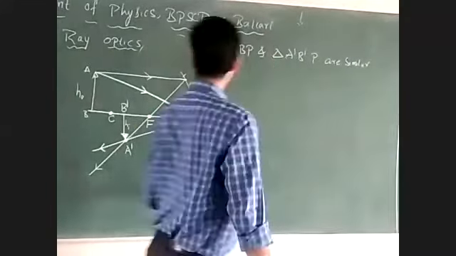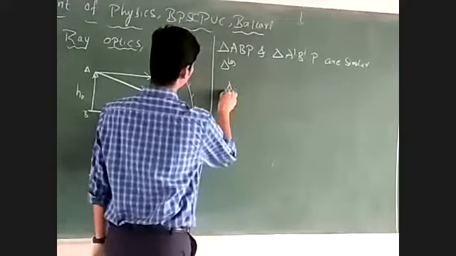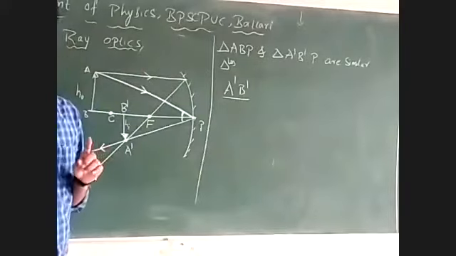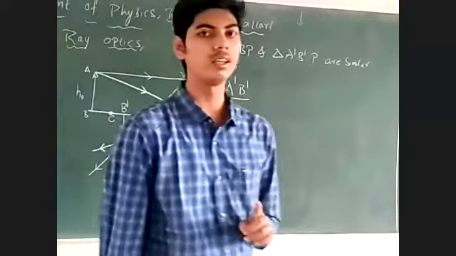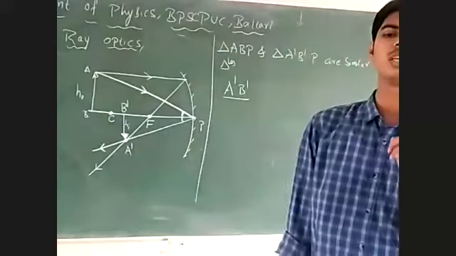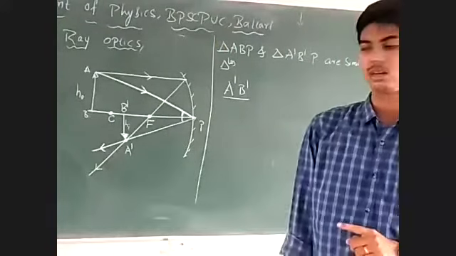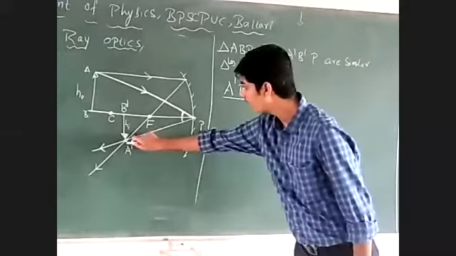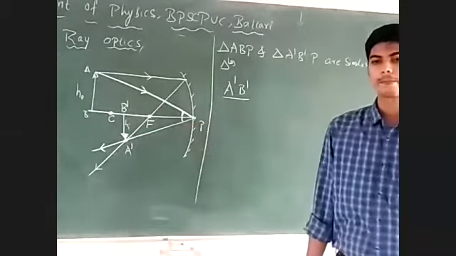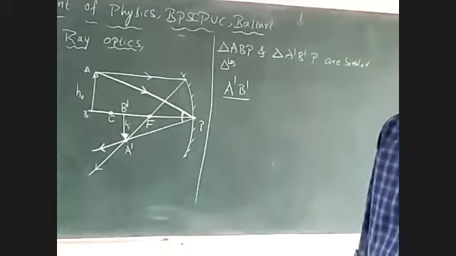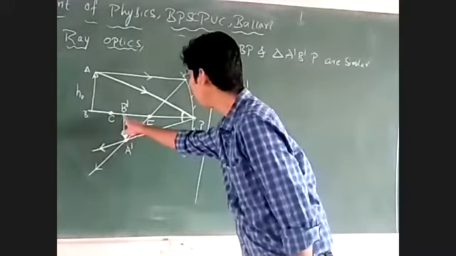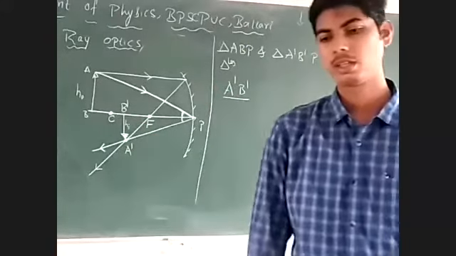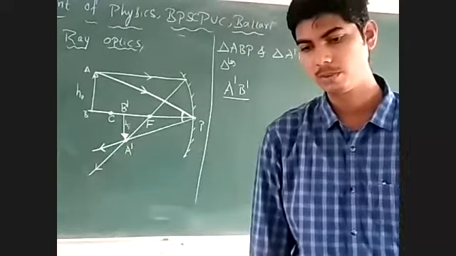So from these two triangles I can write, in case of similar triangles, the ratio of corresponding sides will always be equal. A dash B dash divided by AB.